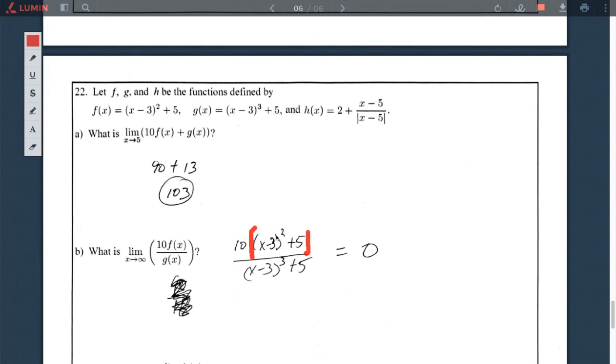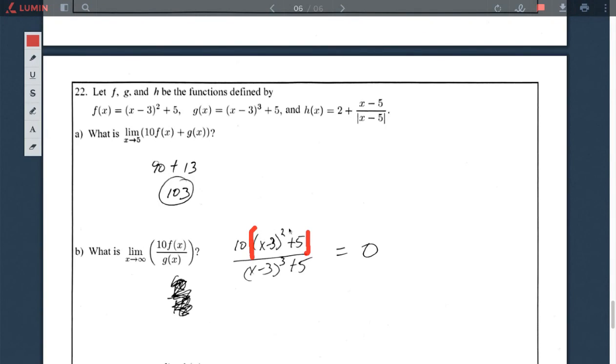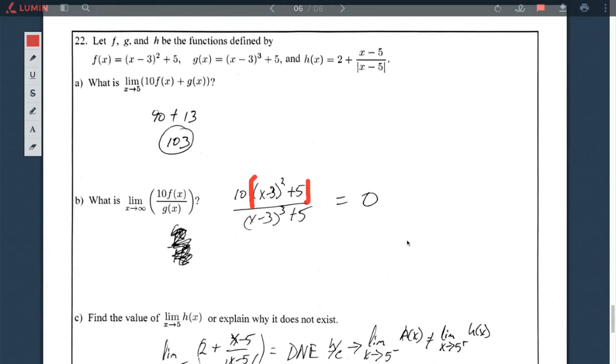Notice the top exponent is 2 and the bottom exponent is 3. So the bottom exponent is bigger than the top, which means we're 0. And remember, the 3 situations are: if they're the same, then we want the coefficients. If the bottom's bigger, it's 0. If the top is bigger, it's D and E, and then you've got to say where it's headed.